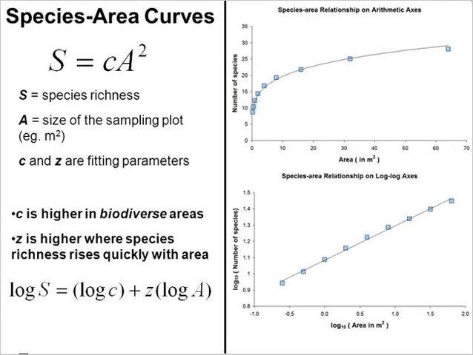The first argues that species numbers will increase in larger areas because they contain more types of habitats. Because they contain a greater habitat diversity, that allows for more places for species to exist, and therefore that increases species number and species diversity.